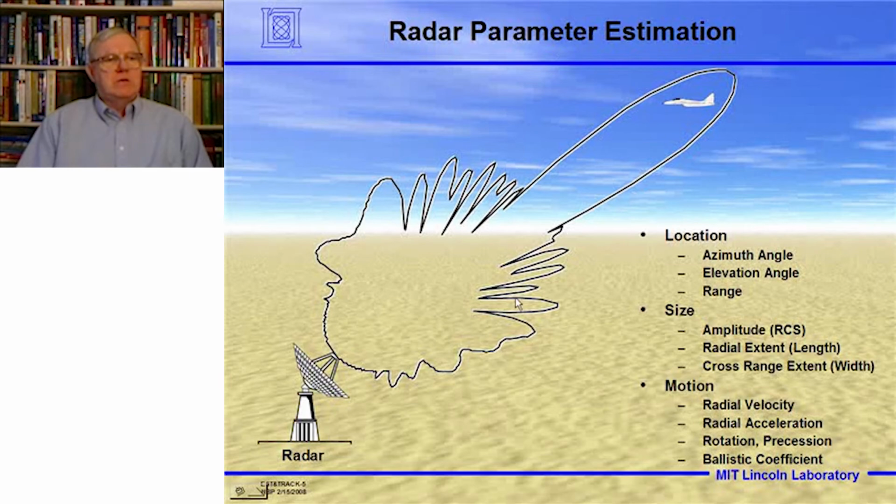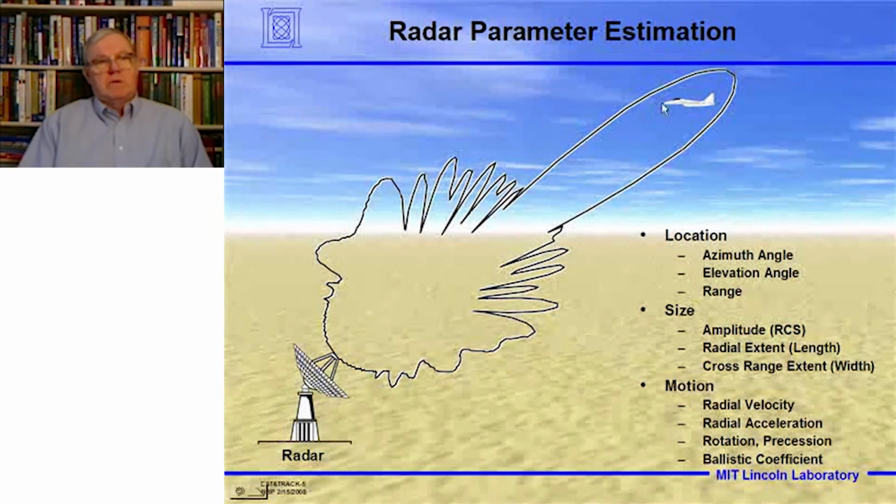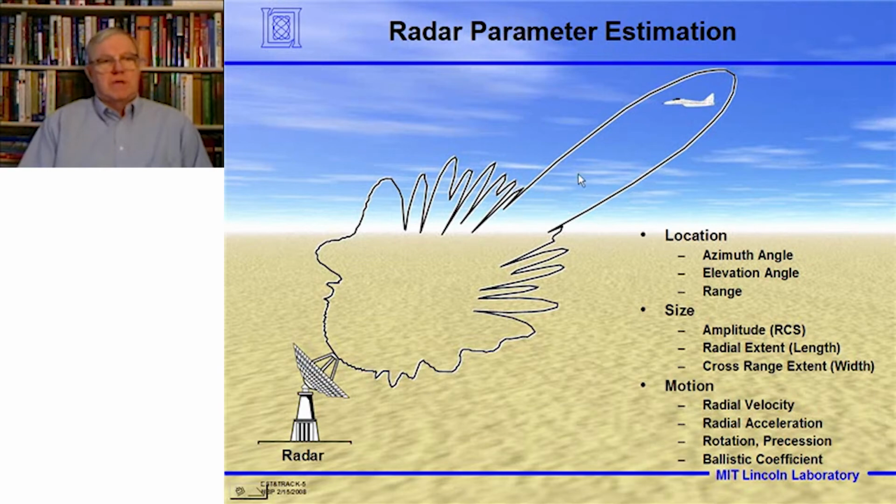Okay, so what are the things that we estimate when we have a radar antenna that puts out a beam, sends the energy out to the target, it comes back? What do we measure? Well, we measure the target's location, its azimuth and elevation angle from where the antenna beam is pointing, and from the time delay that it took the echo to go from the radar out to the target and back, we measure its range.